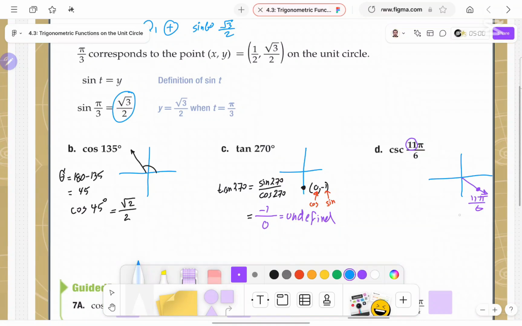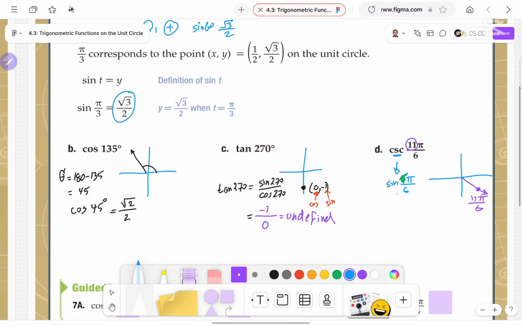Now if I need to identify this, what's the cosecant? The reciprocal of the cosecant is sine 11 pi over 6. I told you before the numerator only identifies the quadrant. I know that 11 is in quadrant 4, so I will not use it. Now let's use sine pi over 6.